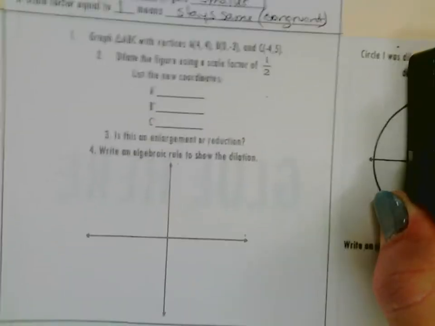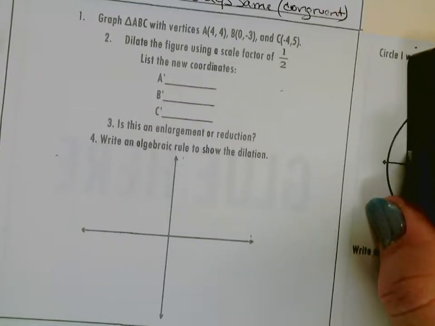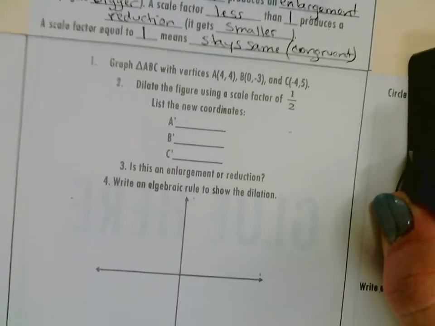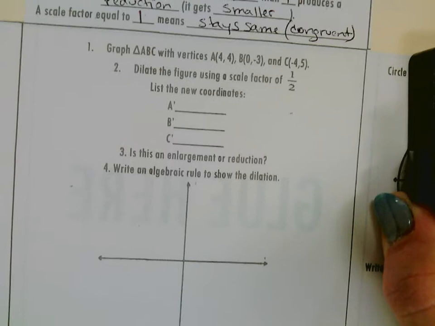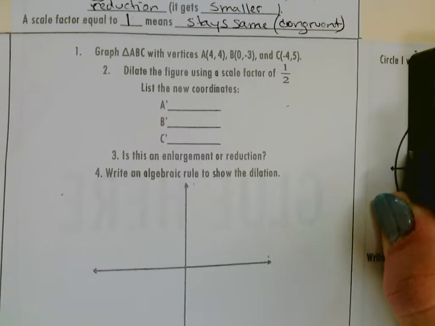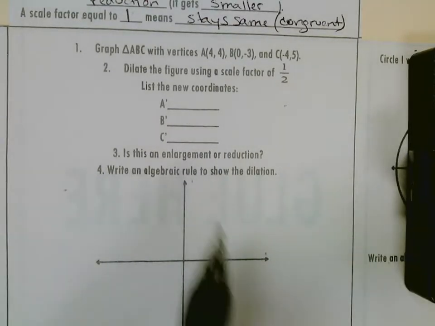Let's look at the points that we are going to graph for this next problem. It's right there in the middle of the foldable. Yours may or may not have lines. It depended on when they were copied, earlier or later in the day. So we're just going to make do with what we have.